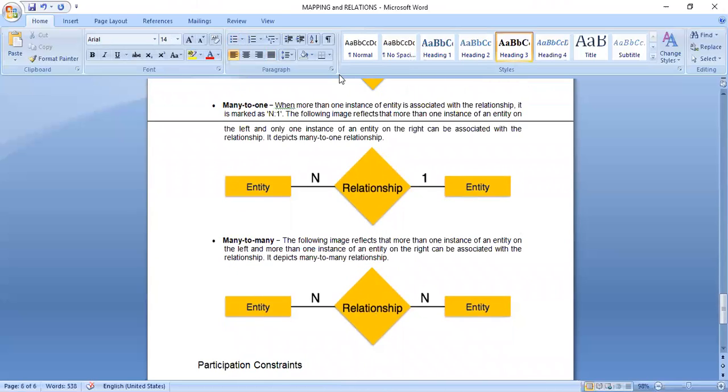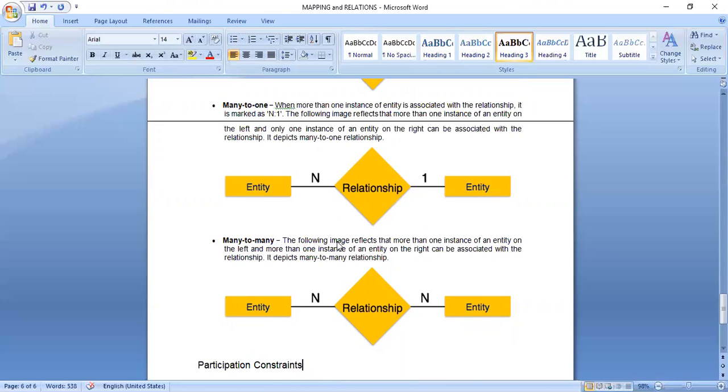The next one is many to one relation, which is described as n is to 1. When we say n is to 1, that means many entities on the left hand side are in relation with one entity on the right hand side. That is called a many to one relationship, and the cardinality is marked as n is to 1.